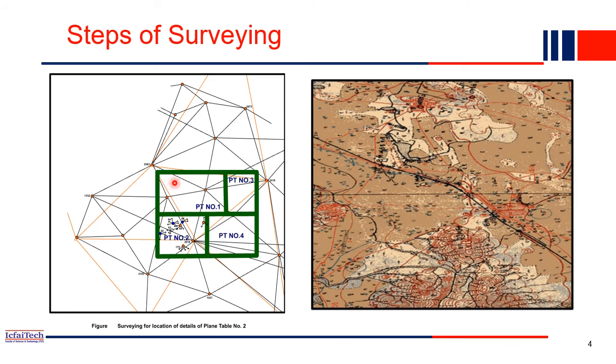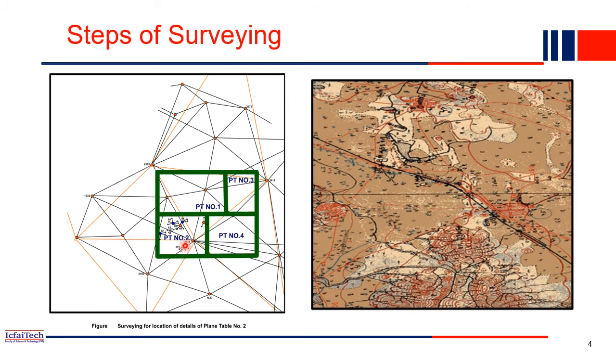Now, after we complete plot 1, we go to plot 2. In this plot, again we take small control points; these red control points we establish from the large control points, and from these small control points, if any object is nearby, we locate it. How much is the distance we measured from this point? If there is a small temple, or a big temple, how much distance is there from this point?